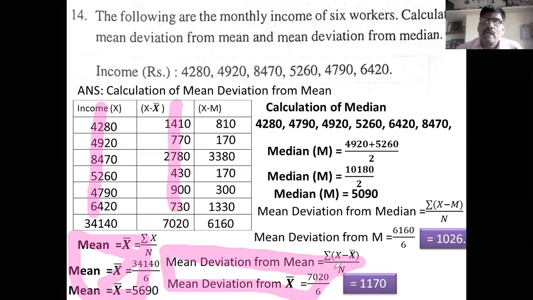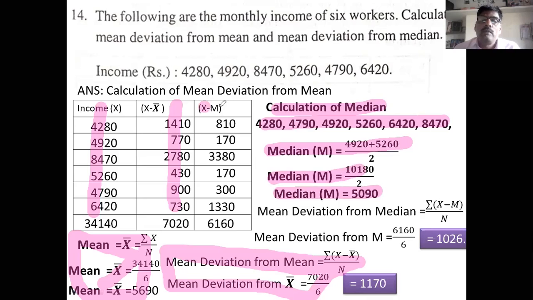If they ask to calculate mean deviation from median, first you calculate the median. Arrange the values in ascending order, then calculate the median. After calculating the median, you calculate the difference between the x value and median.